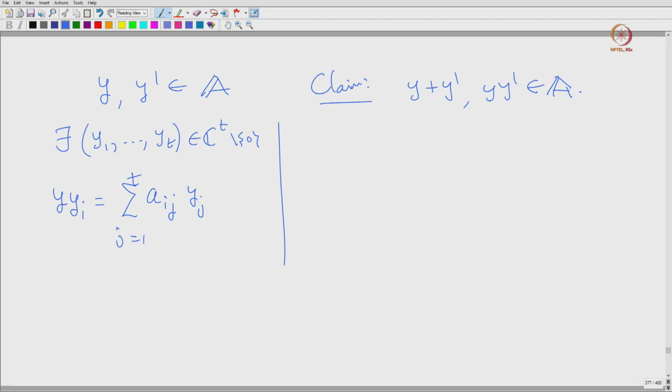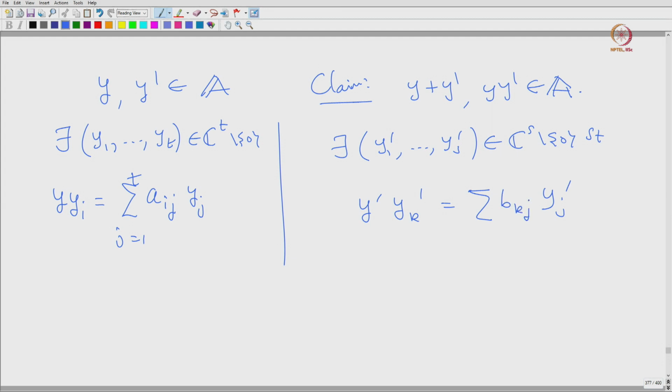And similarly, since y dash is in A, there exist y_1 dash etcetera y_s dash, again not all of them 0, such that y dash y_k dash is again given by some linear combination of y_j dash. Let us call the entries b_kj, whereas we noticed a_ij's are all integers. That is important. Again similarly here these b_kj's are all integers.